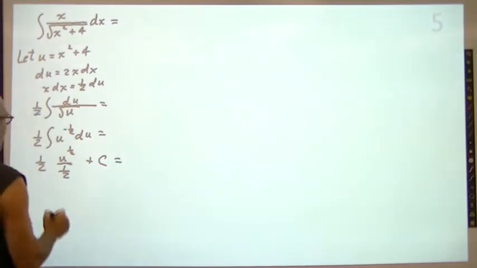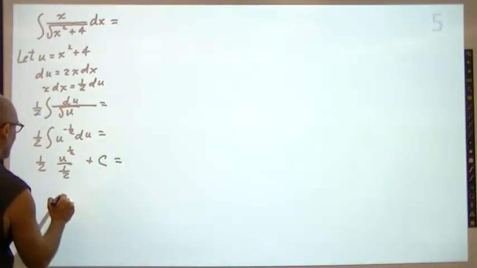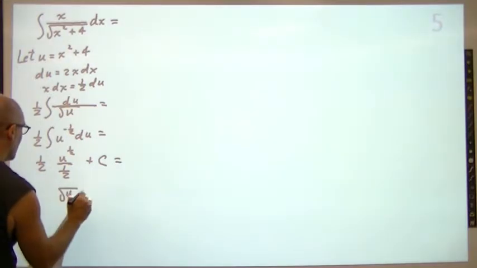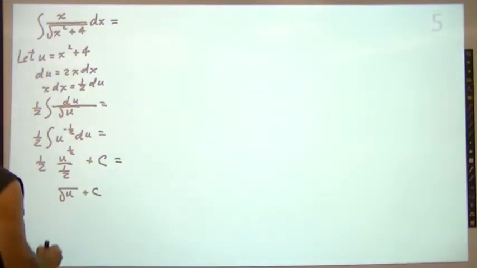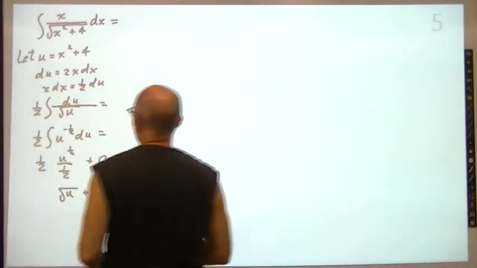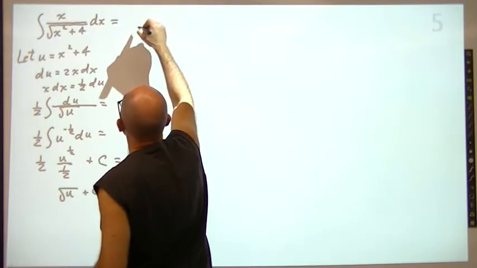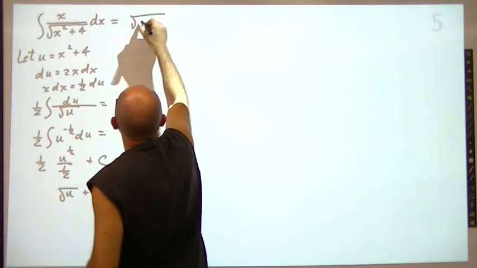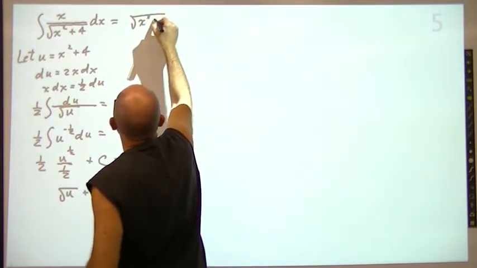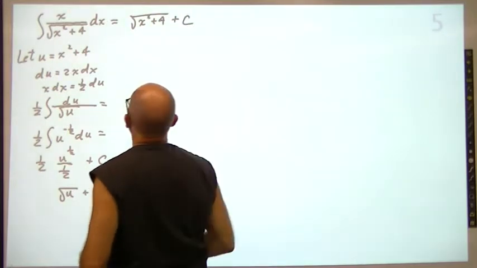The 1/2s cancel, and you're left with the square root of u plus c. Now, we already know what u is, x squared plus 4. So our final integration is the square root of x squared plus 4 plus c.